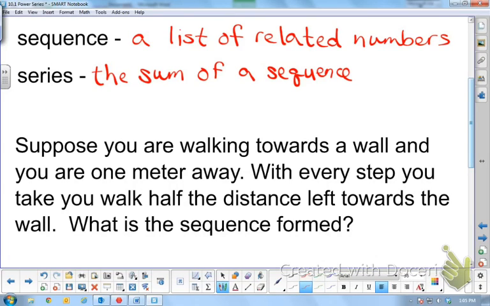Oh, hey, Miss Aiken has a similar example with the turtle. Okay, so suppose I am walking toward the wall, and the wall is 1 meter away. With every step I take, I walk half the distance left towards the wall. So right now I'm 1 meter away. After I take 1 step, how far away from the wall will I be? Half a meter.